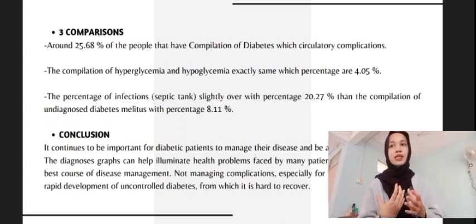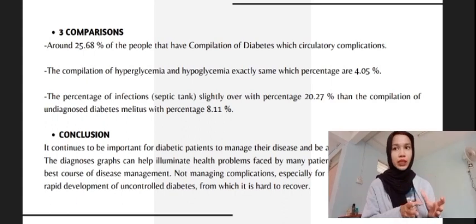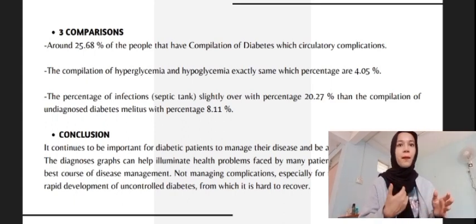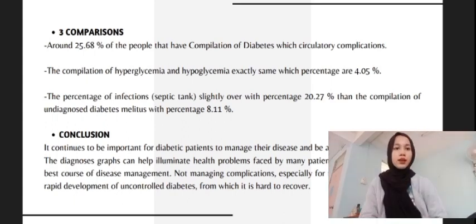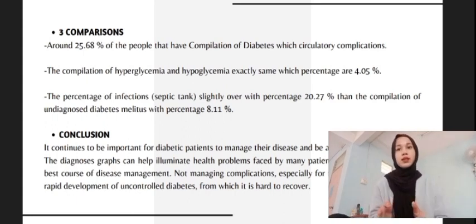And the second comparison is that the complications of hyperglycemia and hypoglycemia are exactly the same, which percentage is 4.05%.